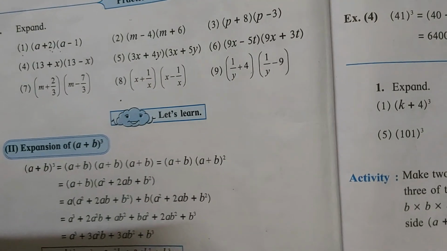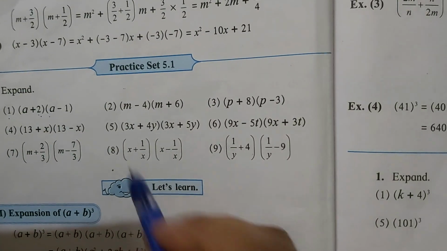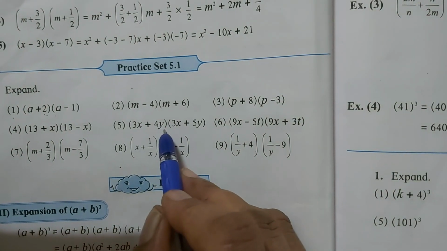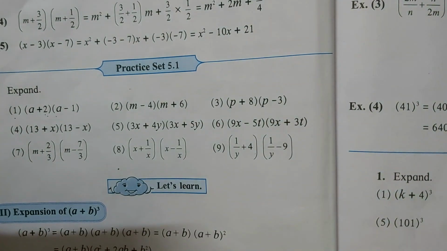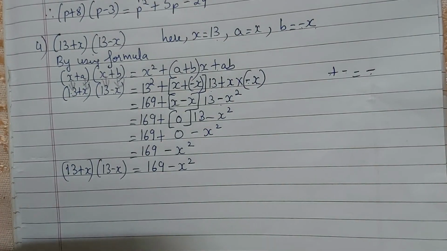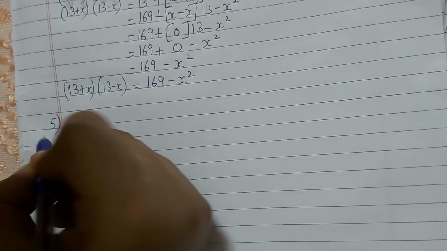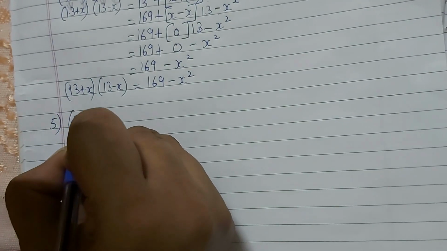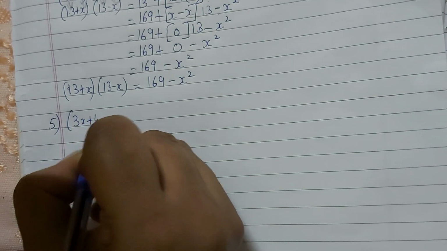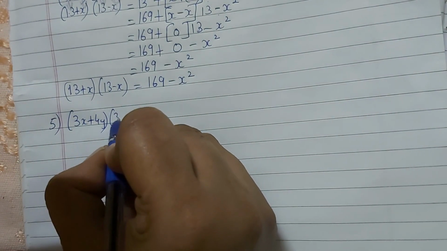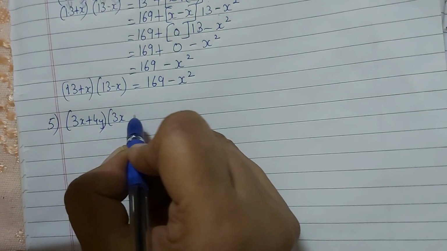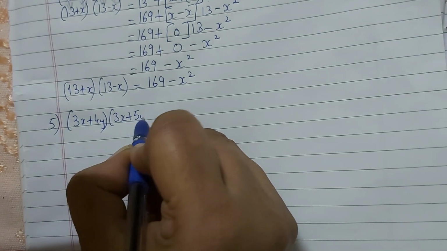Now we will do the fifth sum. 3x plus 4y into 3x plus 5y.